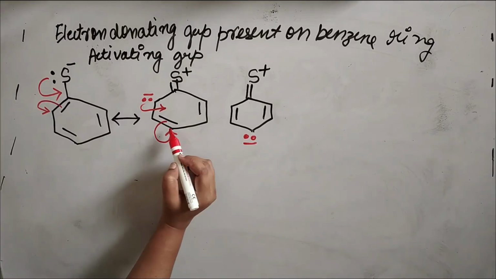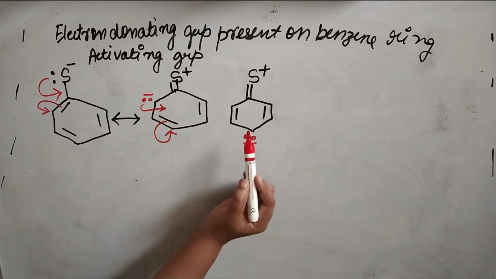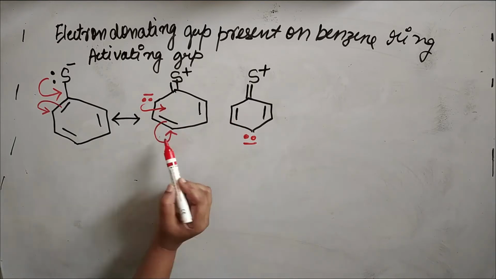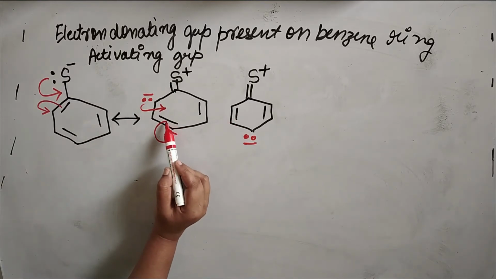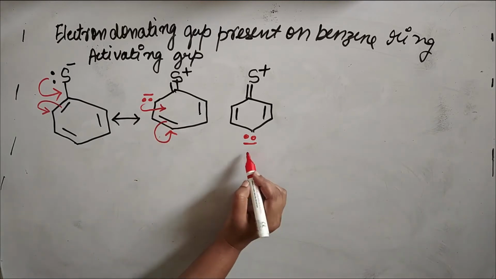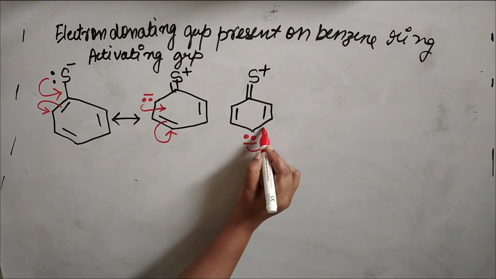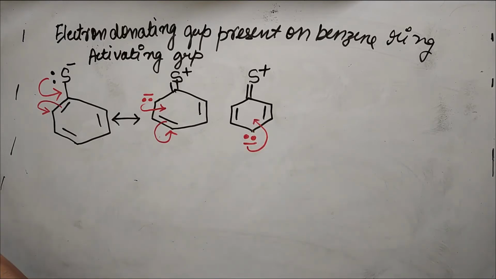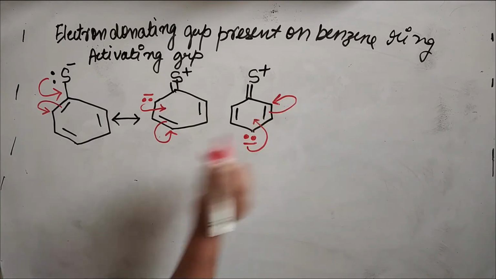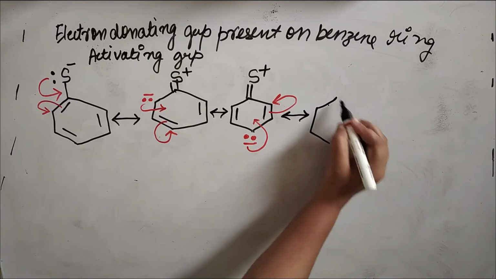Here you can see these lone pair of electrons enter inside the ring, due to which this bond forms, and if this bond has to form, this bond will break and electrons will go to the para position. So the para position will acquire the negative charge. Again due to resonance, this electron will enter and this bond will break. These are all resonating structures which can be interexchanged.